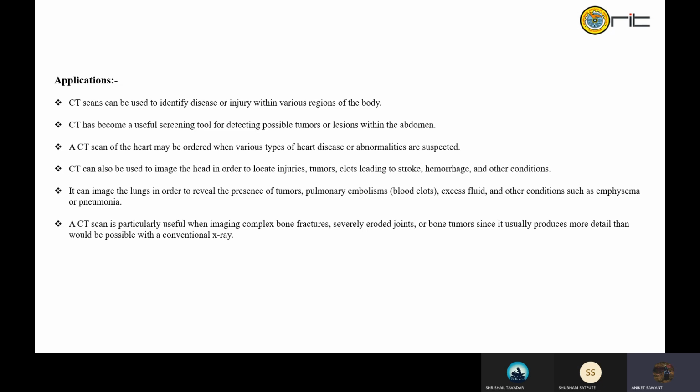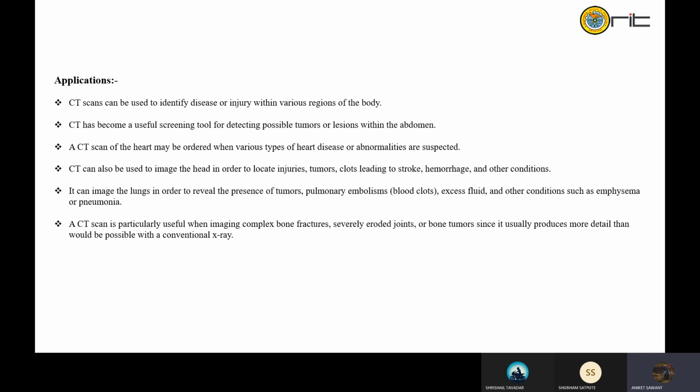Applications. CT scans can be used to identify diseases or injuries within various regions of the body. Second, the CT scan machine has become a useful screening tool for detecting possible tumors or lesions within the abdomen.